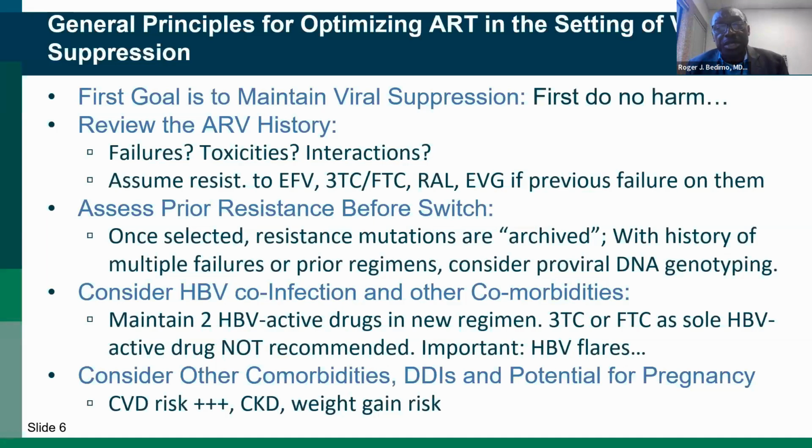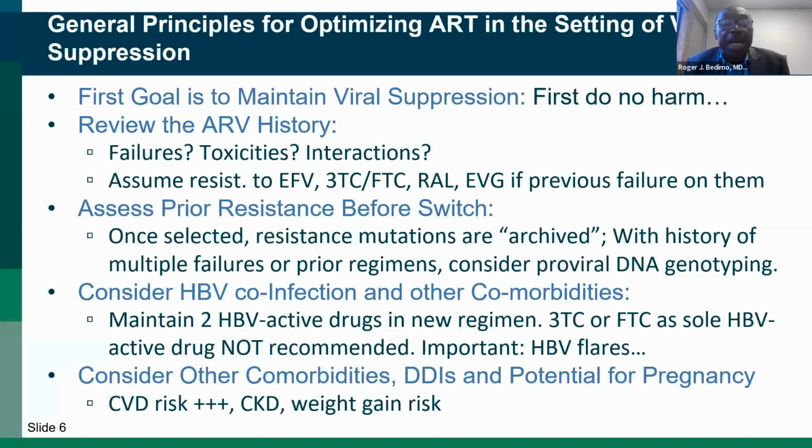There are others. So when a person has taken efavirenz (EFV), 3TC, FTC, or the older generations of integrase inhibitors, and the failed regimens contain them, it's important to assume that they have developed resistance to them if you don't have any other data.